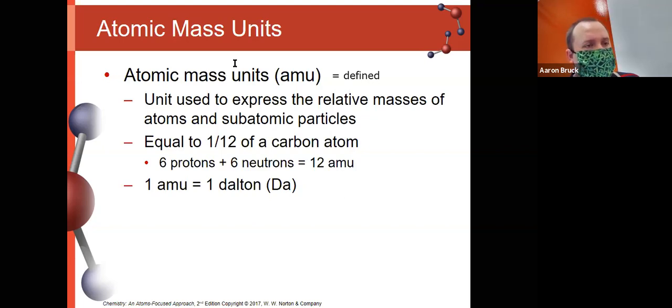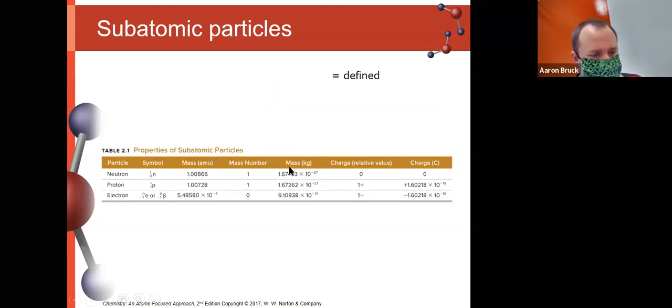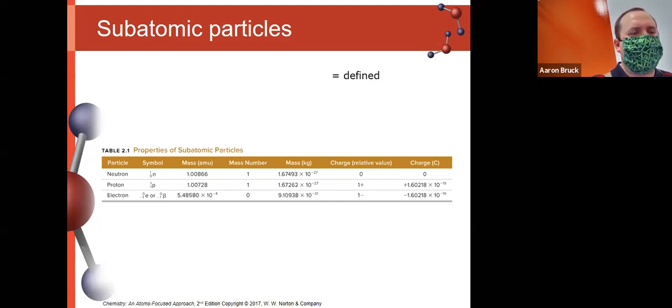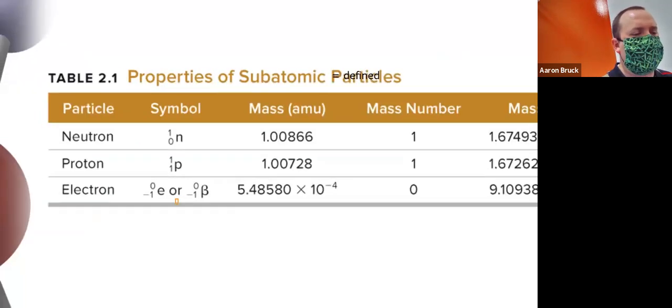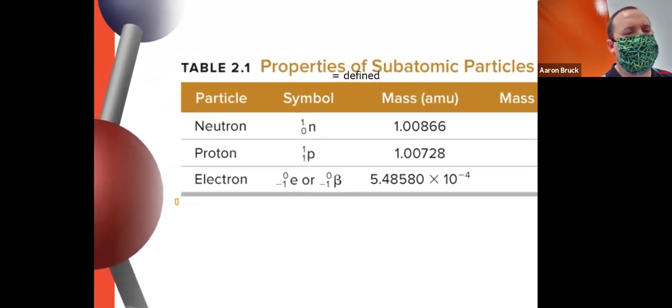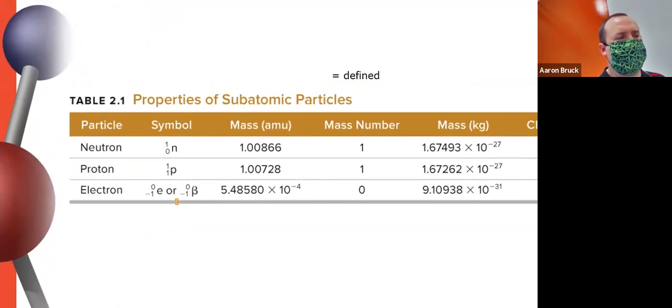So how do we use this information? Well, for one, we can start to investigate the subatomic particles a little bit more closely. You can see that there are some standard definitions and ways that we can express the quantities and the values for protons, neutrons, and electrons.